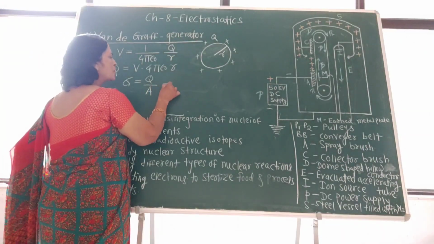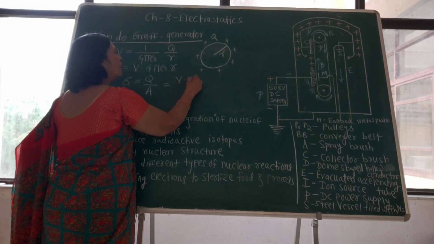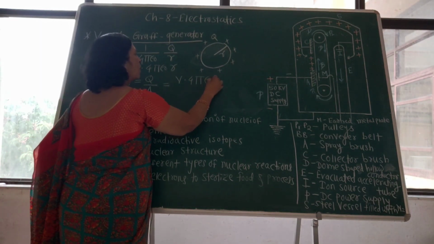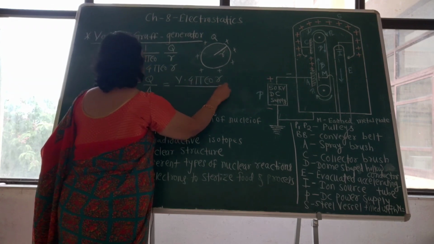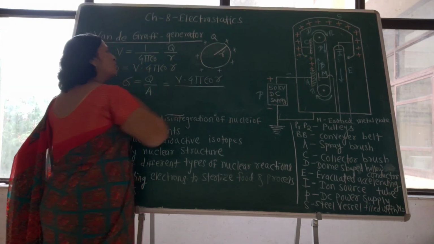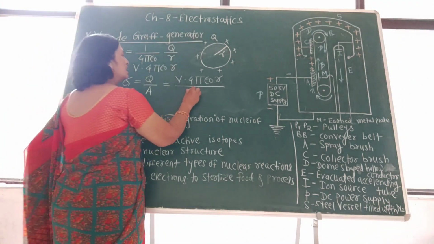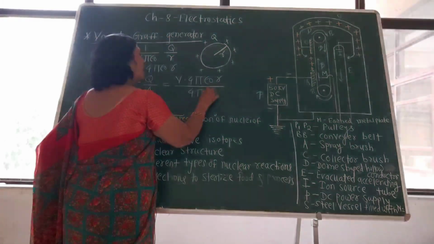Now the value of charge Q is V into 4 pi epsilon naught R, and if R is the radius of the sphere, then the area of the sphere is 4 pi R square.